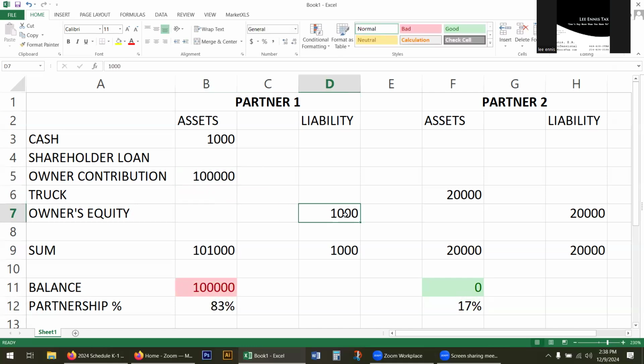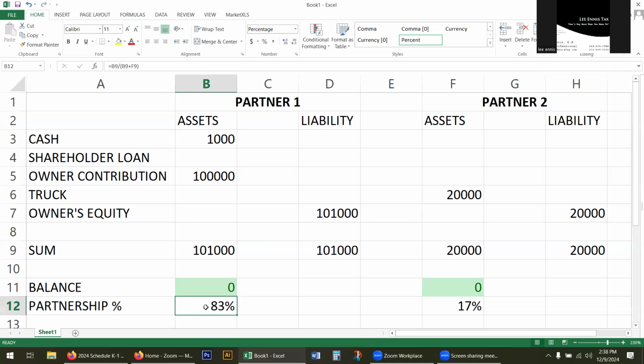That's going to increase their ownership equity to $101,000. And so now they own 83% of the partnership, and this partner owns 17%. This will be a fair and just number, so this partner getting 83% of the profit and this partner getting 17% of the profit makes all the sense in the world.